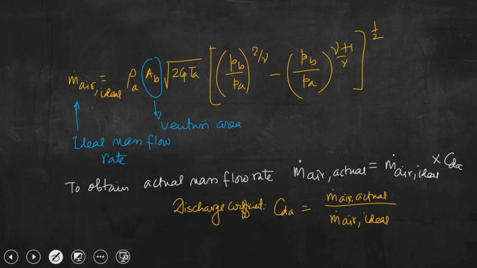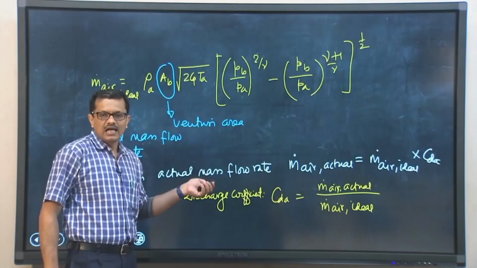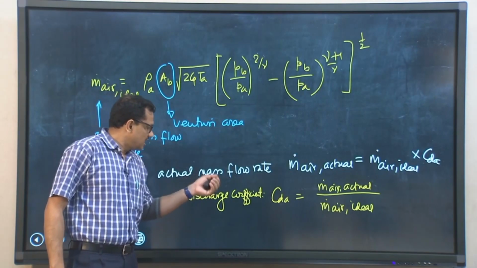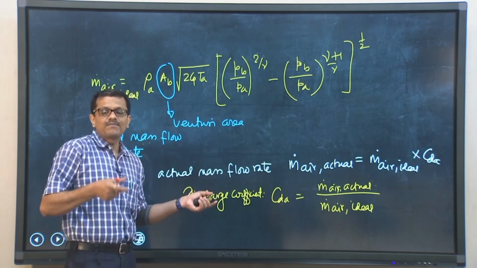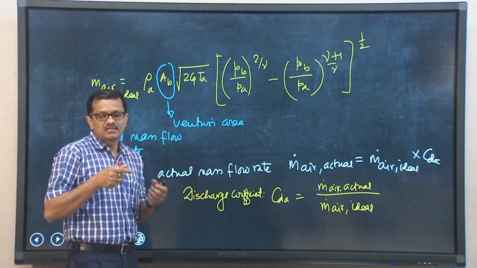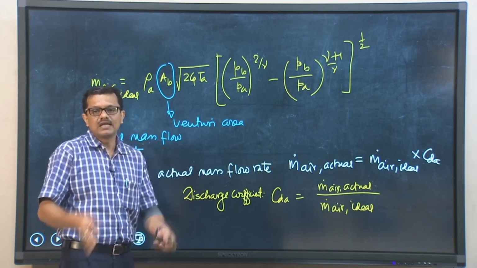So, it is very important that we could establish the expression of the actual mass flow rate that we are going to get at section BB, and if that mass flow rate is obtained, ensuring that the flow rate of fuel should be sufficient to meet the demand of the engine.